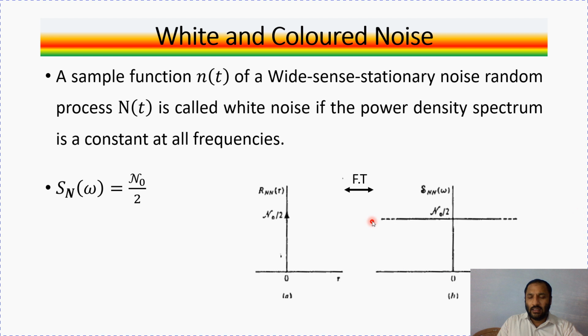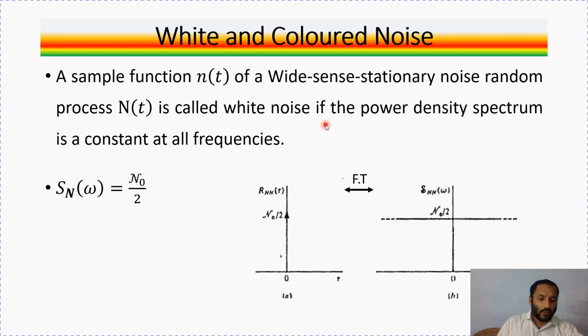So you can see that its power density is a flat line that is extending to plus infinity and minus infinity. So it has got power densities at every frequency on the real axis, on the omega axis. If the power density spectrum is of this shape, then any noise which has such a characteristic power density function is called a white noise.